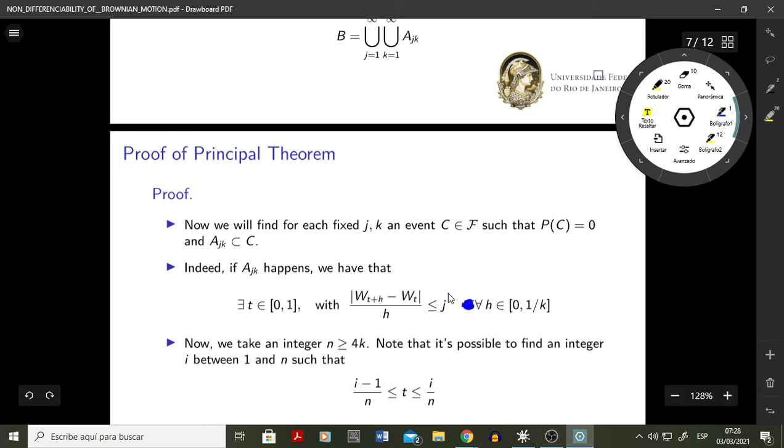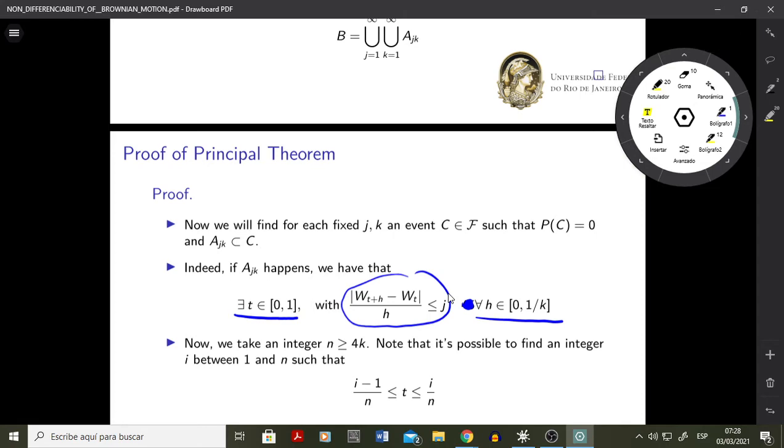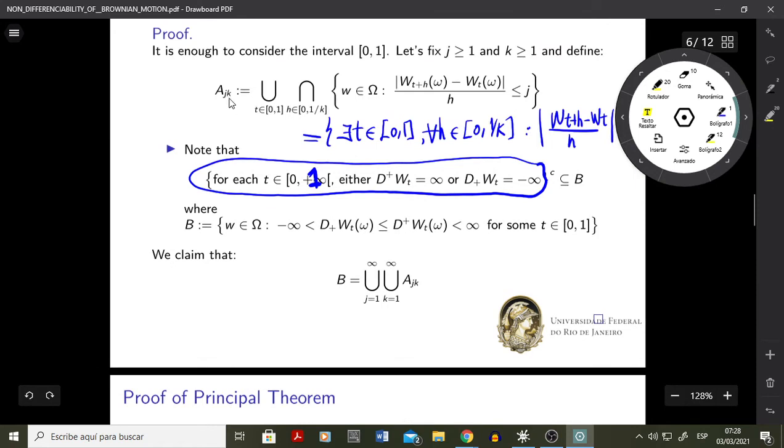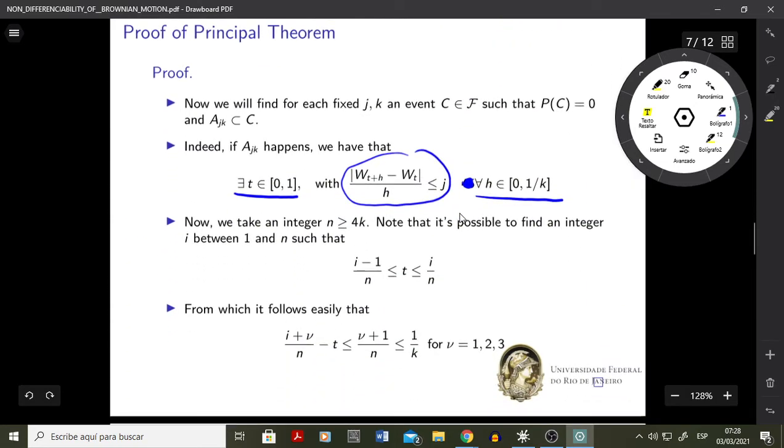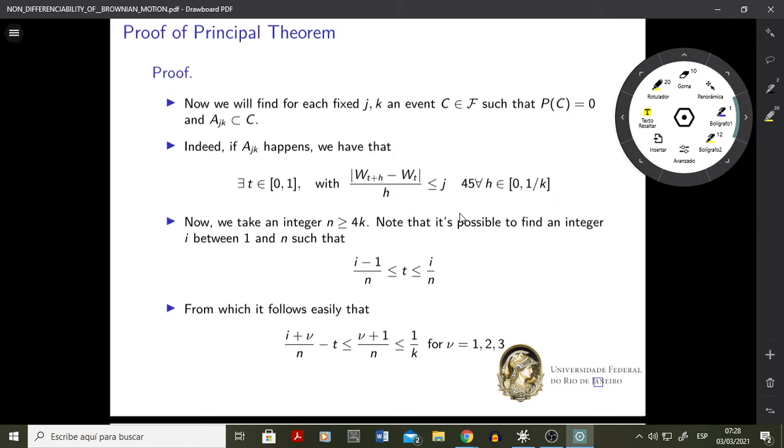There exists a t between 0 and 1 with this property for all h in the interval from 0 to 1 over k, just by definition of A_{j,k}. Now remember that k is fixed, so we can take an integer n greater or equal than 4 times k.